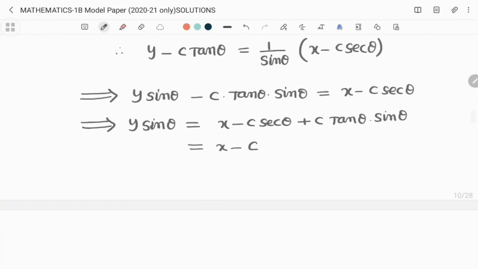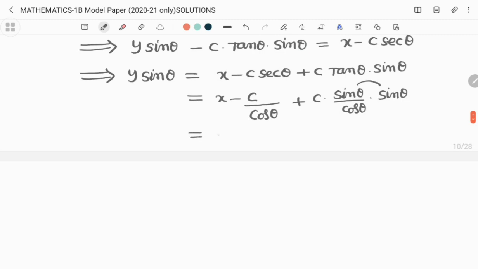c into secant theta can be written as 1 by cos theta. So c by cos theta plus c into tan theta can be written as sin theta by cos theta into sin theta. Therefore, x minus c by cos theta plus c by cos theta into sin square theta.